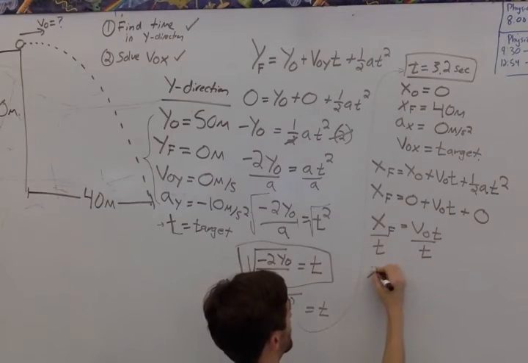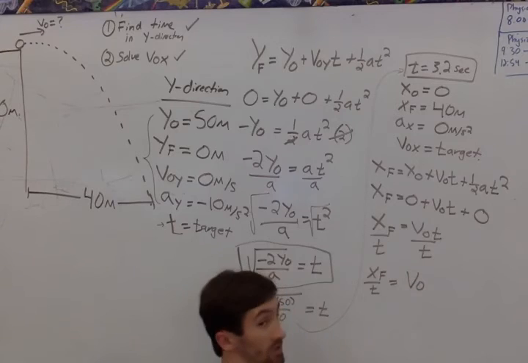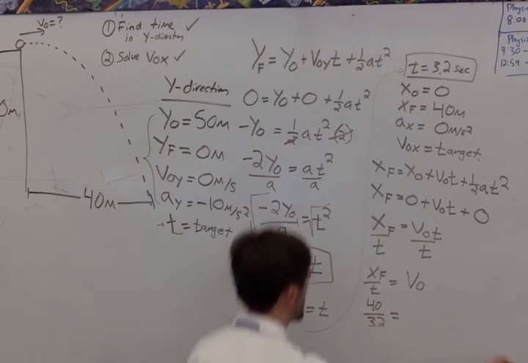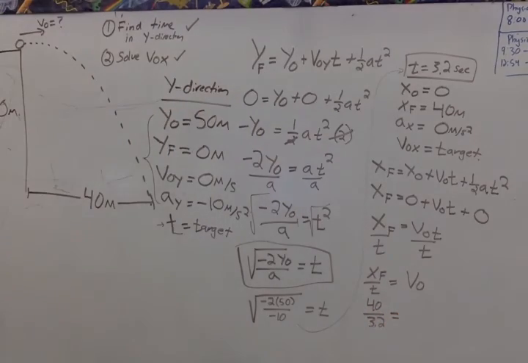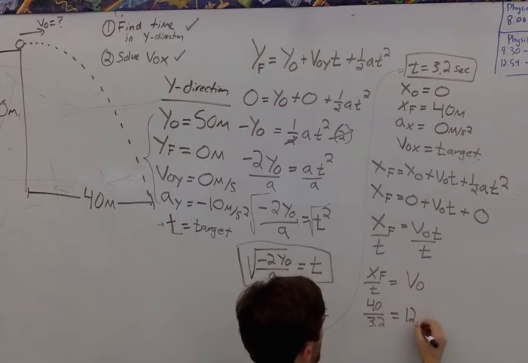And we get final position divided by time equals initial velocity. And 40 divided by 3.2 equals 12.5 meters per second.